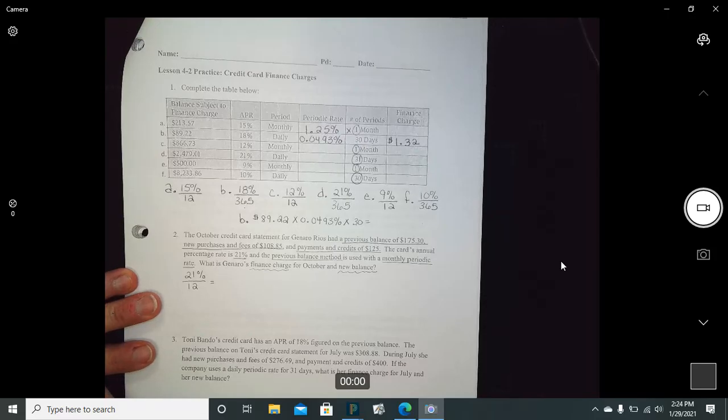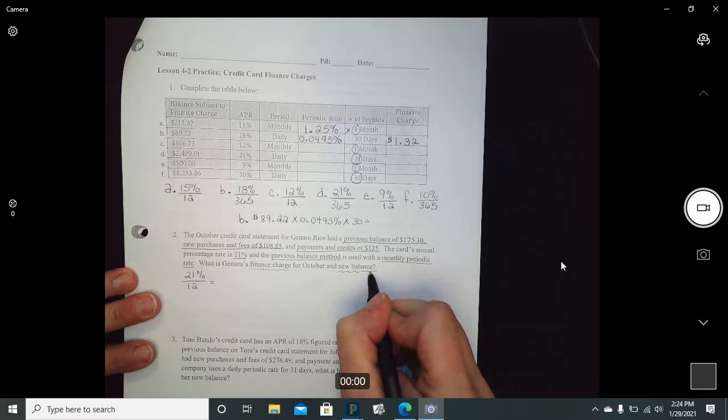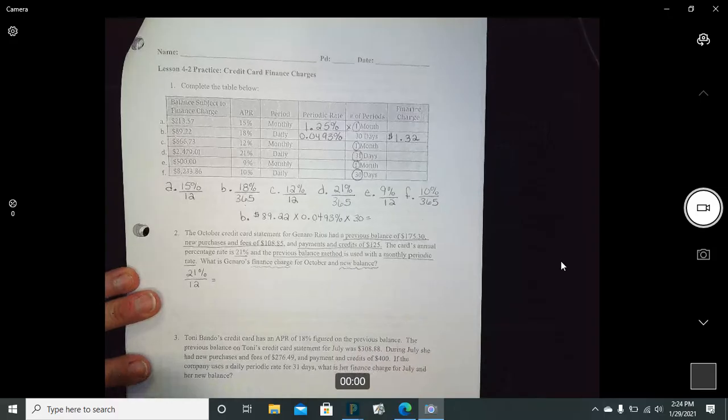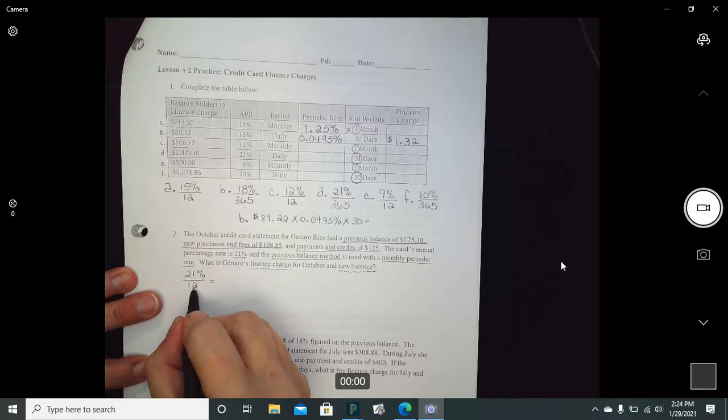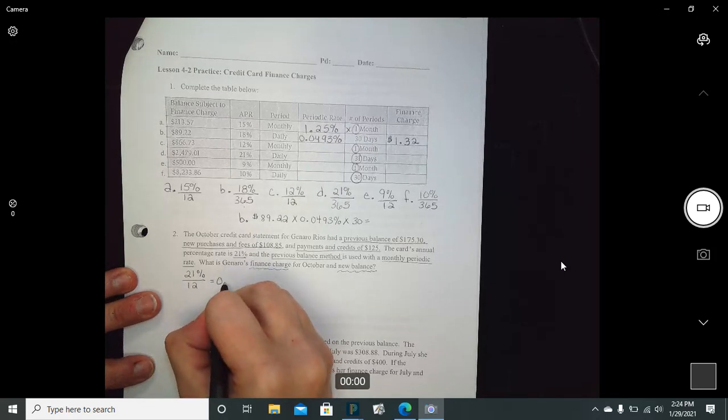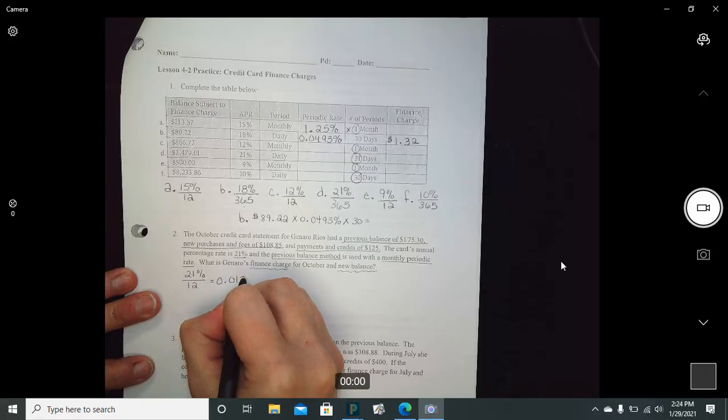So the previous balance is what you're going to be using to find it later. Right now we're going to find the finance charge. So I have the 21% divided by 12, which is 0.0175.